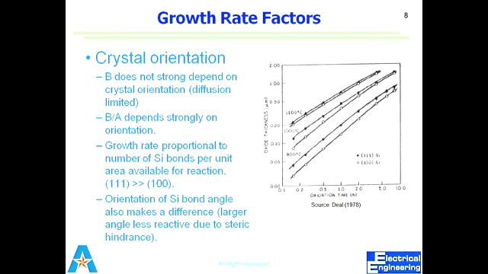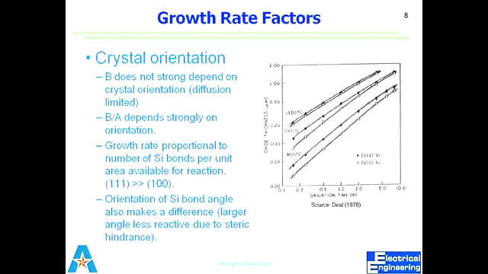Why is it so? Because when I say the parabolic rate constant, I am talking about the thick oxide layer. In a thick oxide layer, the problem is with the diffusion. There is no problem whether it is 100 or 111. We have enough molecules for the reaction.